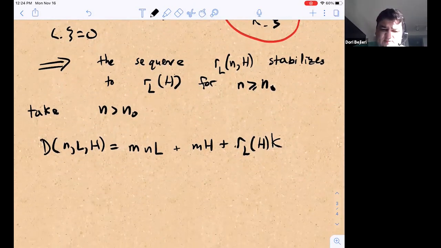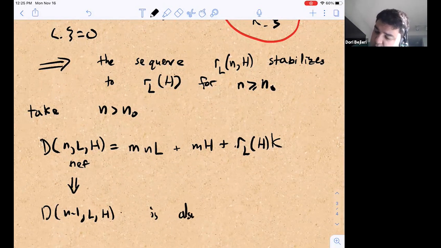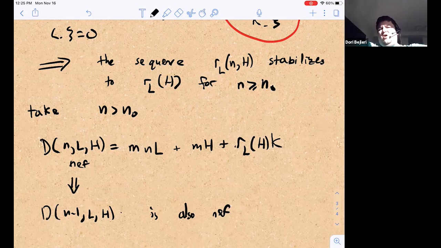So if we look at these divisors, then the point is that if we're above this threshold, then this being nef, so of course it's nef because we're at this R_L, this implies that D_{n-1}(L, H) is also nef for the same R because we're above this stabilization number. So again, the point was that for small r, maybe we need more copies of L to become positive.